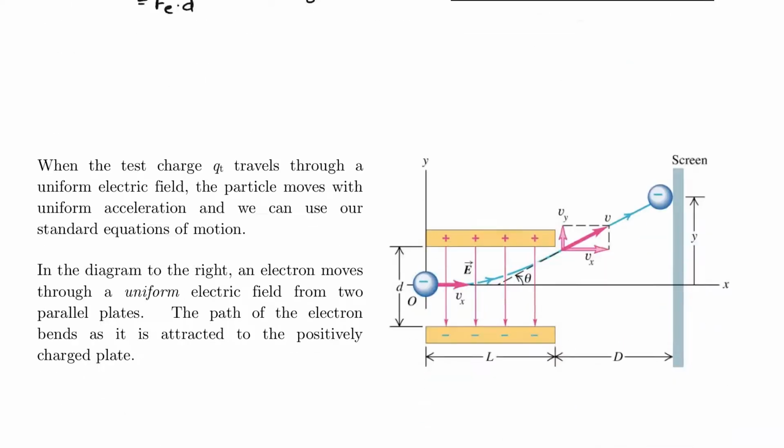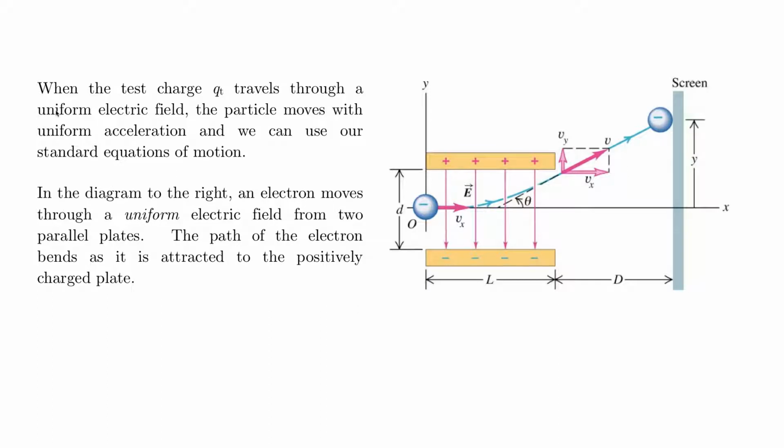One of the things, just a little aside, is that when a test charge travels through a uniform electric field like this, see here's a test charge traveling through this electric field, its path is bent. Because it experiences a uniform force, it experiences a uniform acceleration. So for this type of electric field only, we can use our standard equations of motion, our kinematics equations.